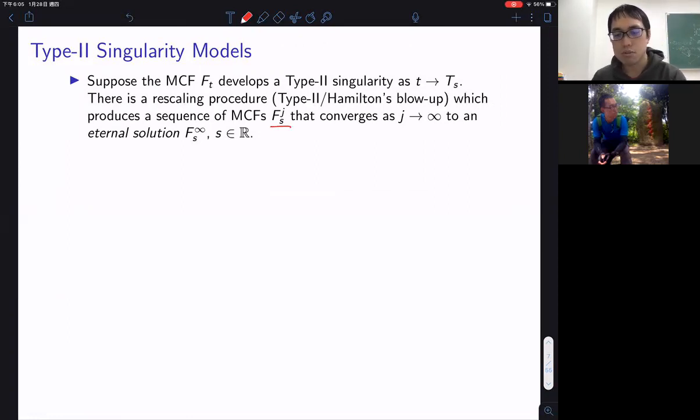This sequence of flows converges to a limiting flow called F_infinity^s. The type 2 condition will ensure that the time parameter for the limiting flow can be defined on the whole real line, and therefore it is called an eternal solution.